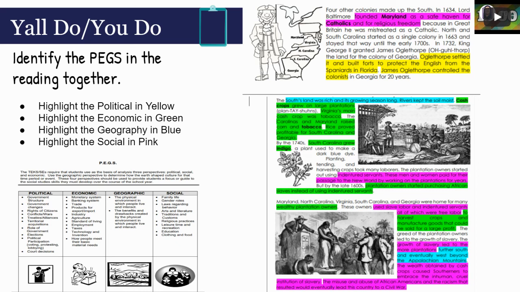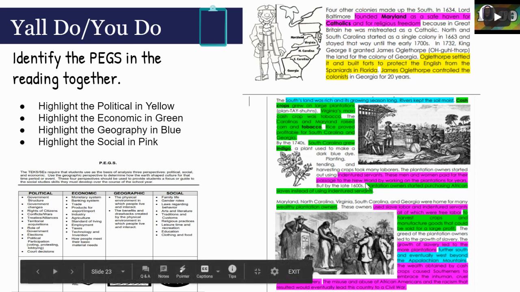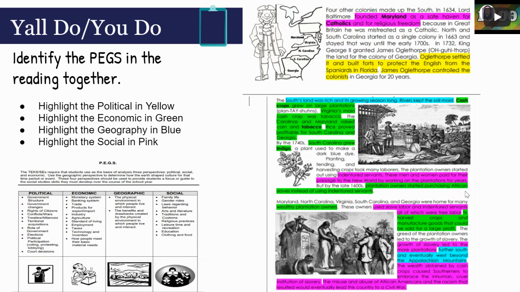But if we keep reading, it says that by the late 1600s, plantation owners started purchasing African slaves instead of using indentured servants. This means that we go from people who were volunteering to come to America to work, to have a better life, to pay off a debt just to stay here, to people who did not volunteer.